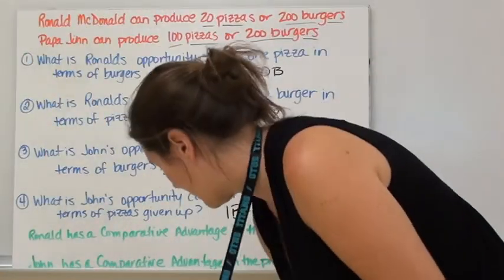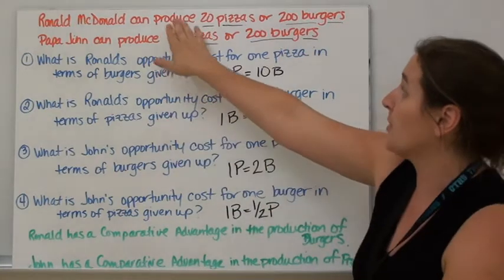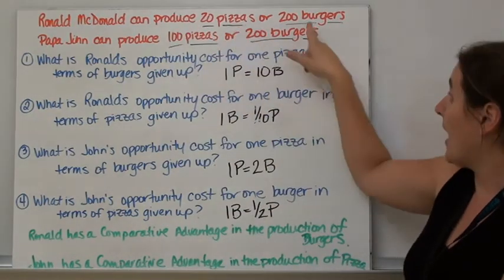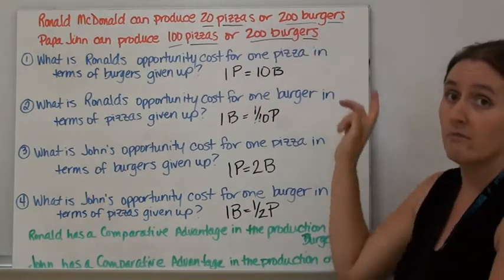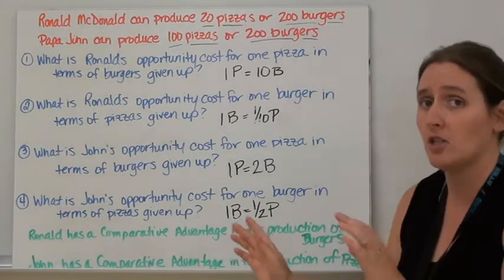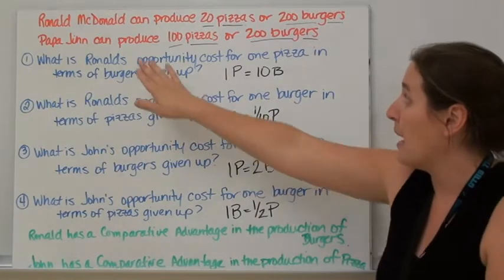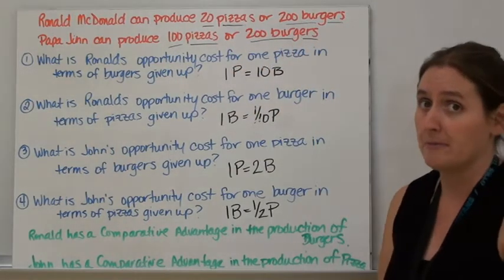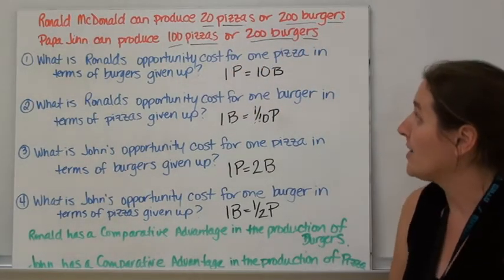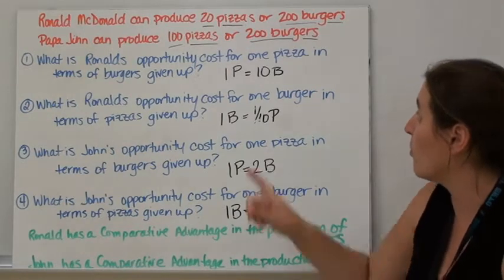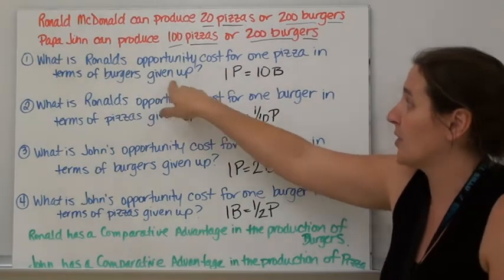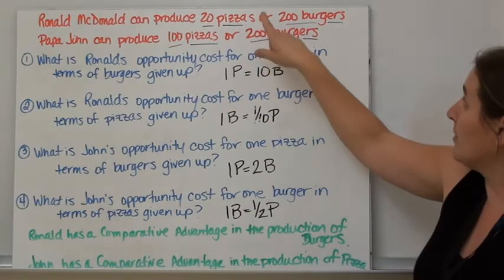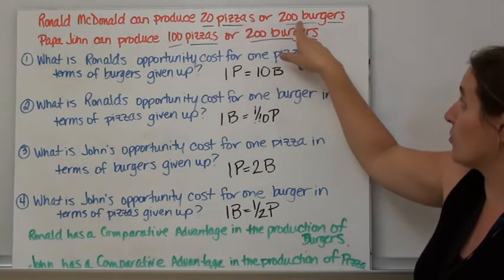Alright, let's look at another example. Ronald McDonald produces 20 pizzas or 200 burgers. So he can choose to make 20 pizzas or he can choose to make 200 burgers. Okay? Papa John can produce 100 pizzas or 200 burgers. So what's Ronald's opportunity cost for 1 pizza in terms of burgers given up? So he can make 20 pizzas or 200 burgers.